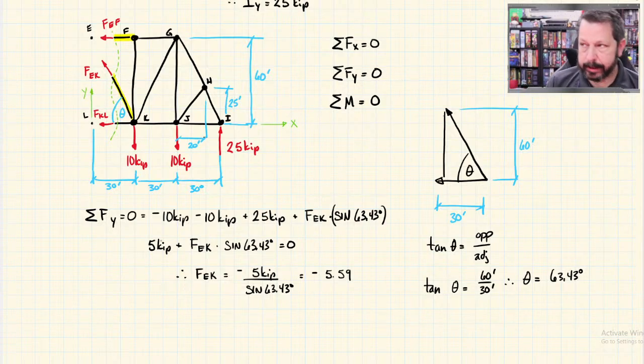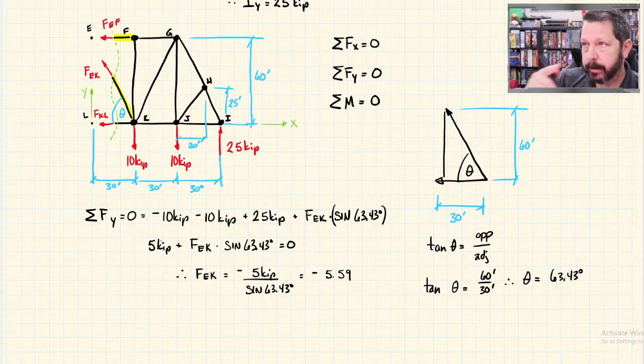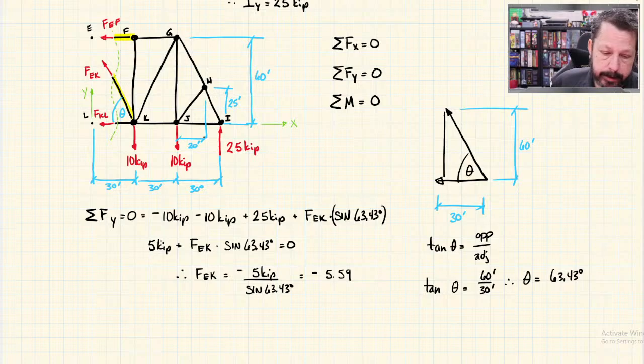All right, so we have to deal with this negative sign. The negative does not necessarily mean tension or compression. It means that I drew the arrow the wrong way. So we have to look back at our diagram over here. I drew FEK kind of up and to the left, and apparently it should be going down and to the right.